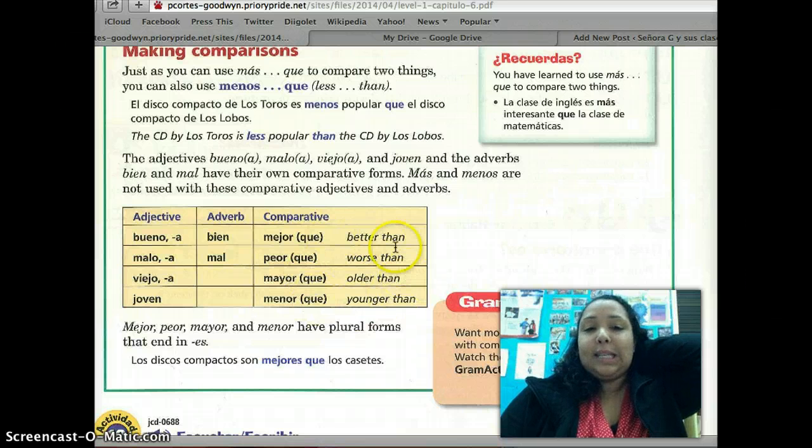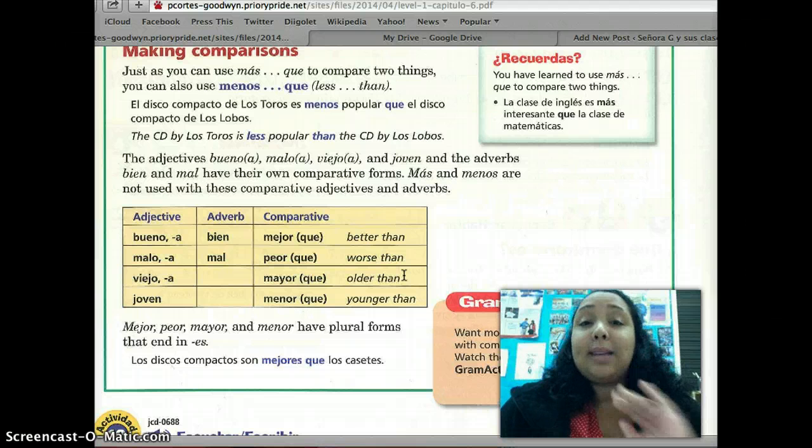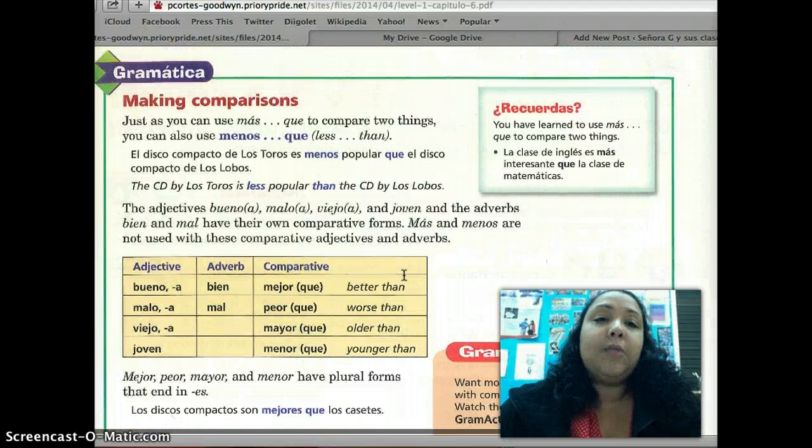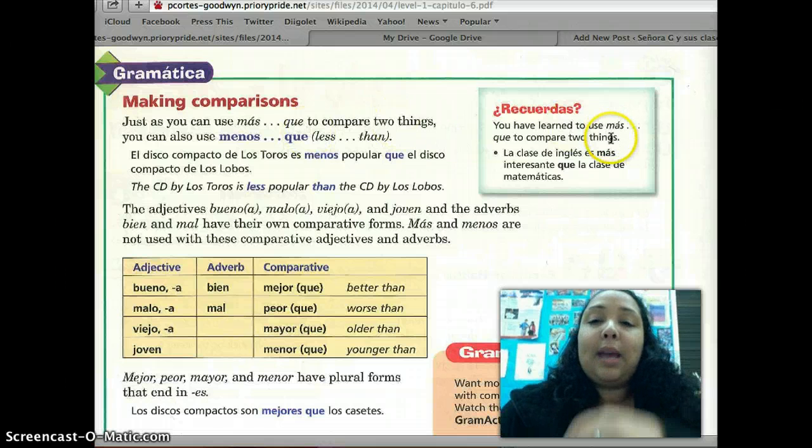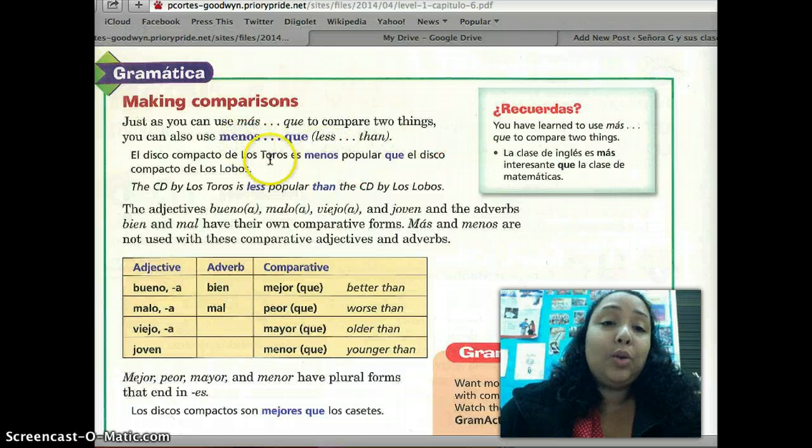Now, these are going to be set up differently than más que and menos que. So if you look up here, menos que, and in the más que, we had más interesante que, menos popular que. We entered the adjective between the two words, correct?